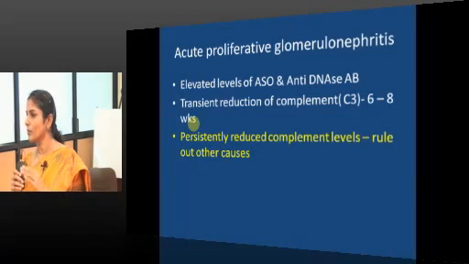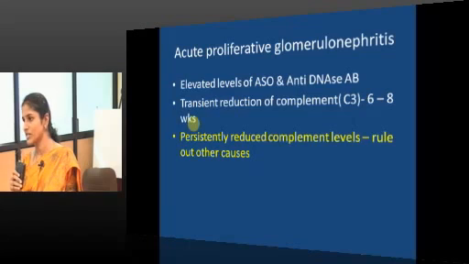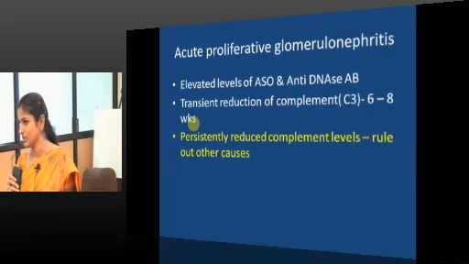But this reduction in complement will be only for a transient period. The reduction will not extend beyond 6 weeks. At the maximum we can wait for 8 weeks, beyond which if the complement levels are still reduced, then you have to revise the diagnosis. This cannot be due to PSGN.